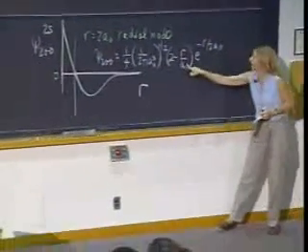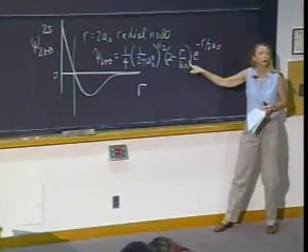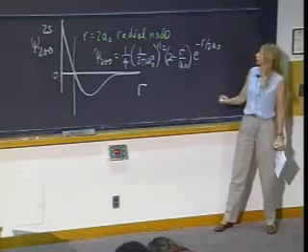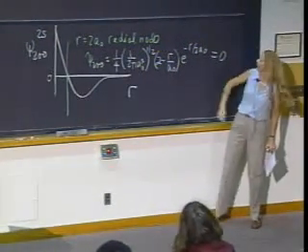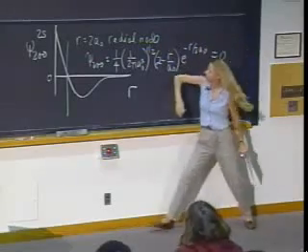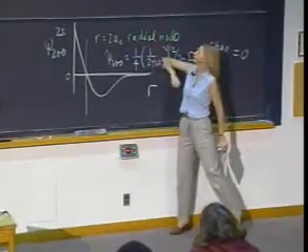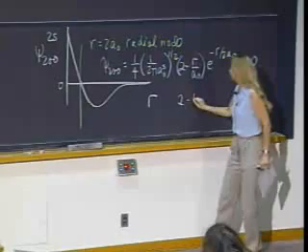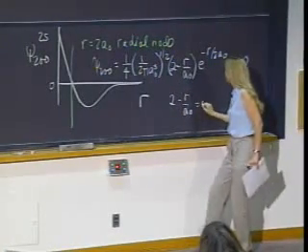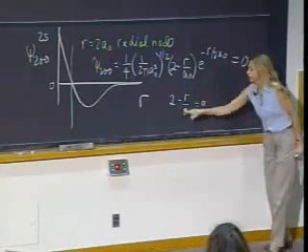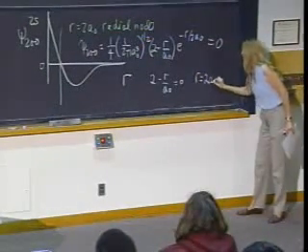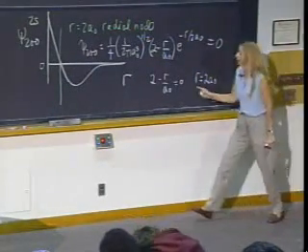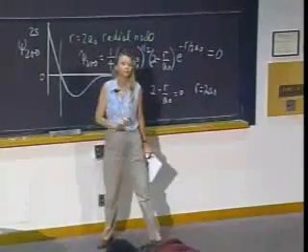If you wanted to solve for the value of r at which this node occurs, you set everything equal to 0. You solve for r. This stuff is just a constant; it goes away. You have 2 minus r over A0 equal to 0. You can see when you solve this that r is equal to 2A0. That's the value of r at which you have a node. All right?